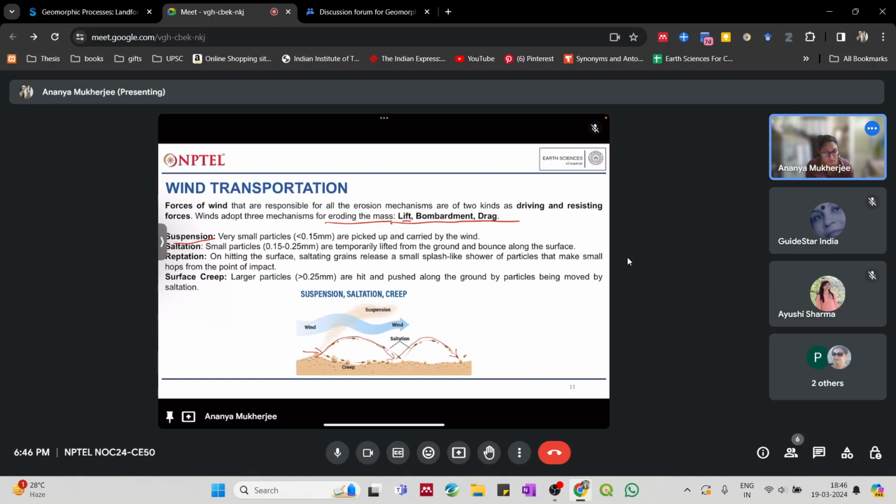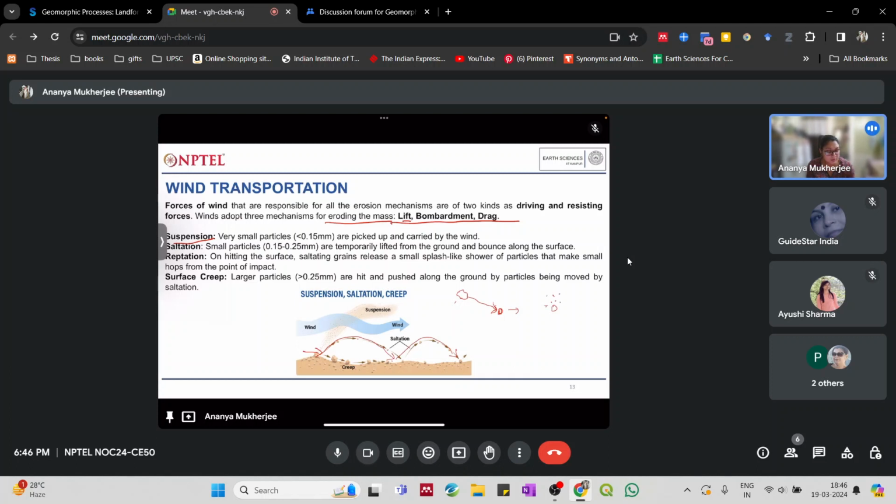If I show it in that manner, you can see that if this sediment hits this grain on bombardment, this grain scatters and forms a shower of smaller fragments.